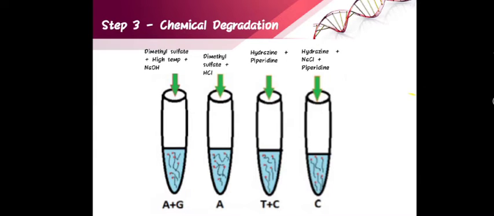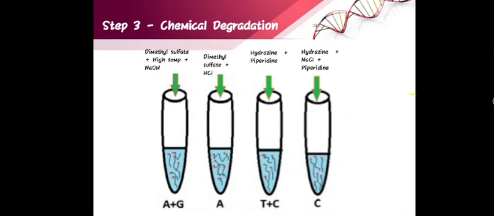The next one is just dimethyl sulfate with HCl for adenine. Then the next composition is for the pyrimidines, which is hydrazine and piperidine. So here there will be a very less amount of thymine present or no amount of thymine present, and a very less amount of cytosine present or no amount of cytosine present.